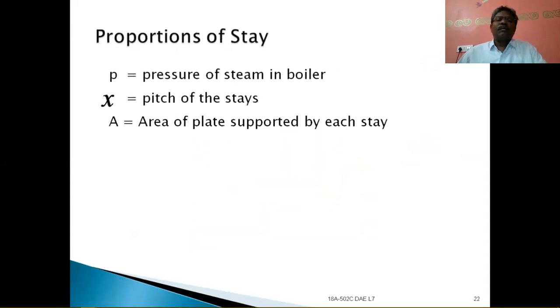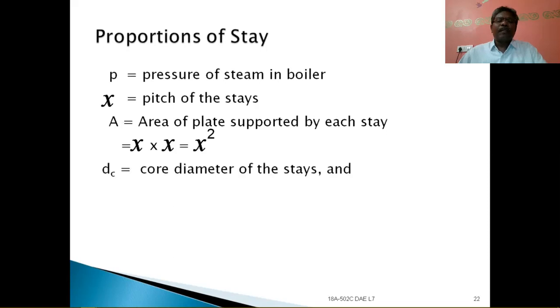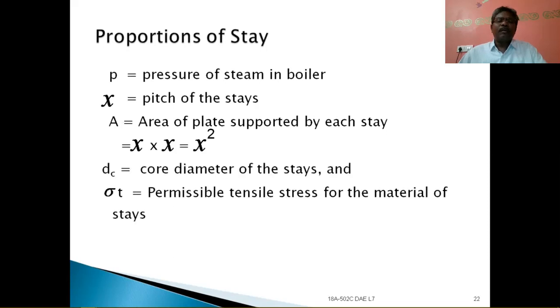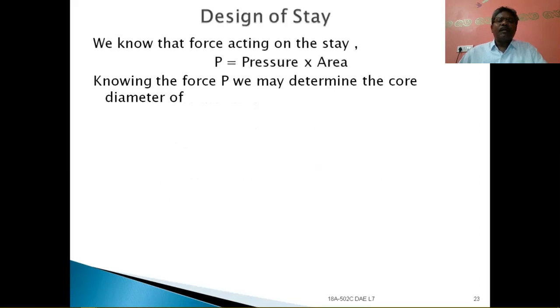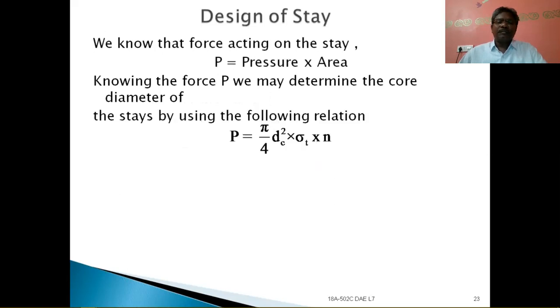So now x square will be the area of plate supported by each stay. Now this will be the core diameter, and sigma T is the permissible tensile stress for the material of the stay. The design is simple. Force acting on the stay should be resisted by the stay. So this is the formula that you are going to have, and n will be the number of boiler stays.